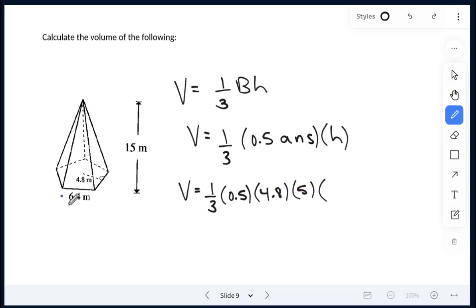And the side length is 6.4. And the height is 15. All right, so we just have to put all of that into the calculator. It's all just multiplied, and we should end up with 384 meters cubed.